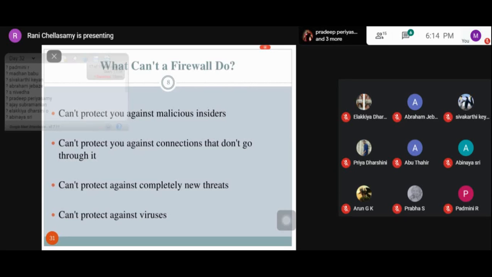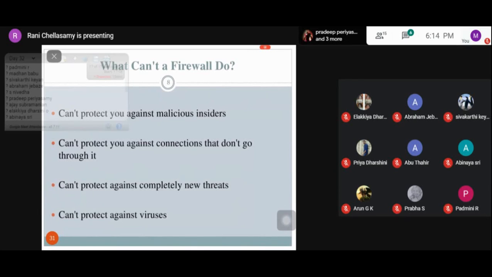Okay. So, adding more points to what a firewall can do: a firewall can protect users from malicious insiders, but it cannot protect users against connections that don't go through it, and cannot protect against completely new threats.